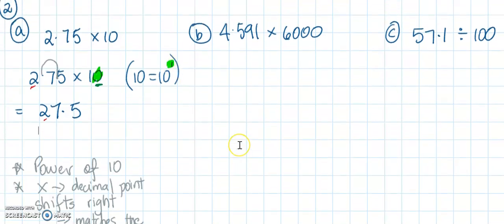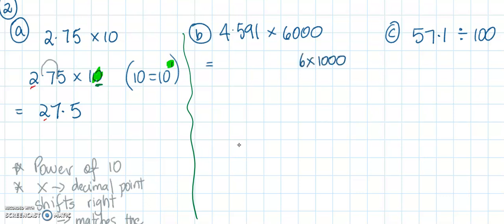Now, if we multiply 4.591 times 6,000, we use the same strategy. Let's split the 6,000. 6,000 means 6 times 1,000.